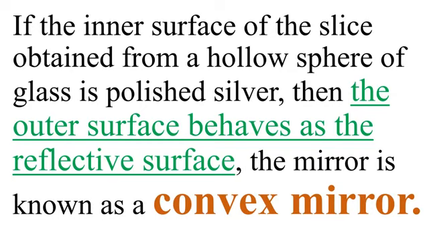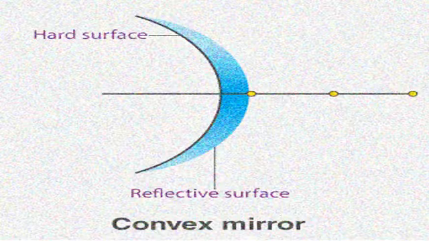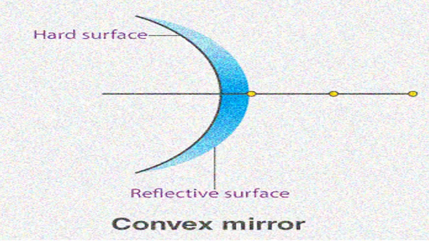If the inner surface of the slice obtained from a hollow sphere of glass is polished with silver, then the outer surface behaves as the reflective surface. The mirror is known as a convex mirror. What we did for the concave mirror was to polish the outer surface.